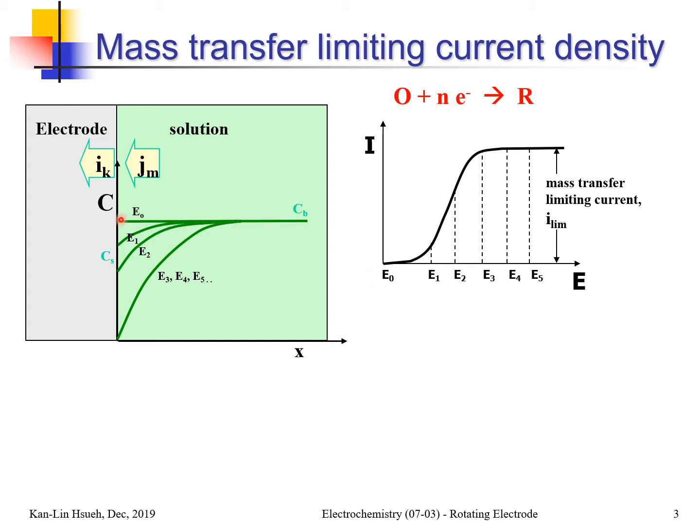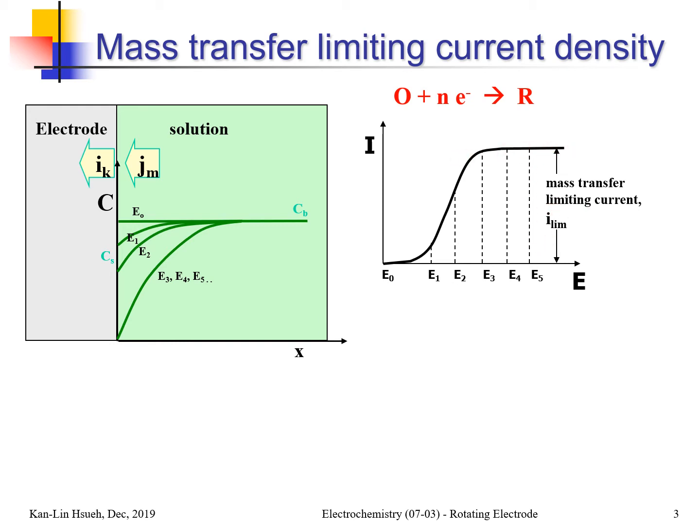The solution is uniform, and at E1, E2 the current gradually increases, until E3 reaches the mass transfer limiting current. If you increase to E4, E5, they still keep flat here and will not change. This current we call the mass transfer limiting current.